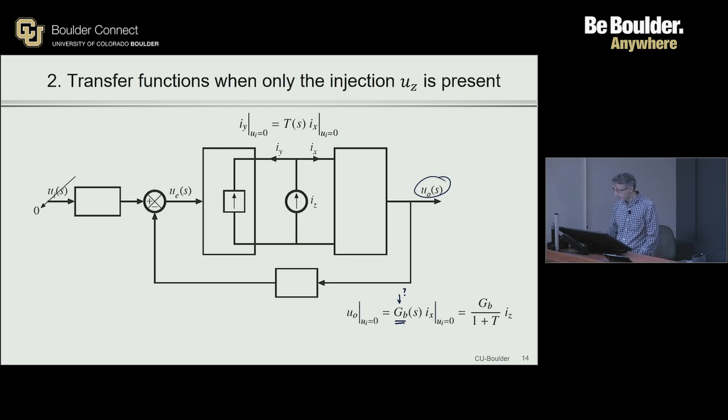Where is that coming from? This part is coming from what we just found, that IX can be found as IZ over 1 plus T. So this is basically just introducing yet another unknown transfer function, G sub B, into play.